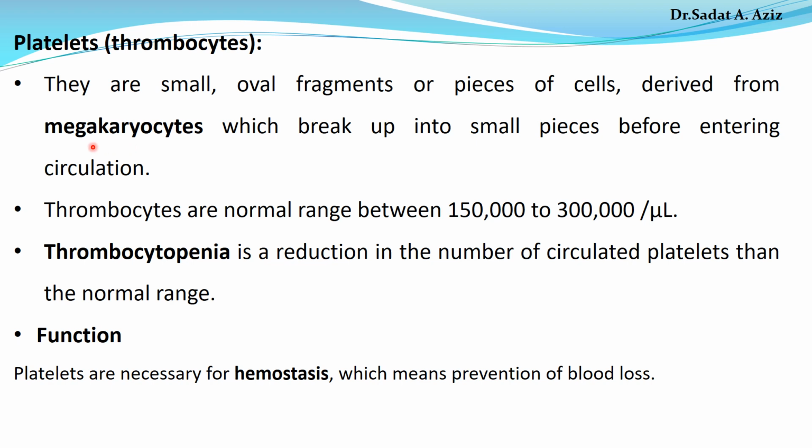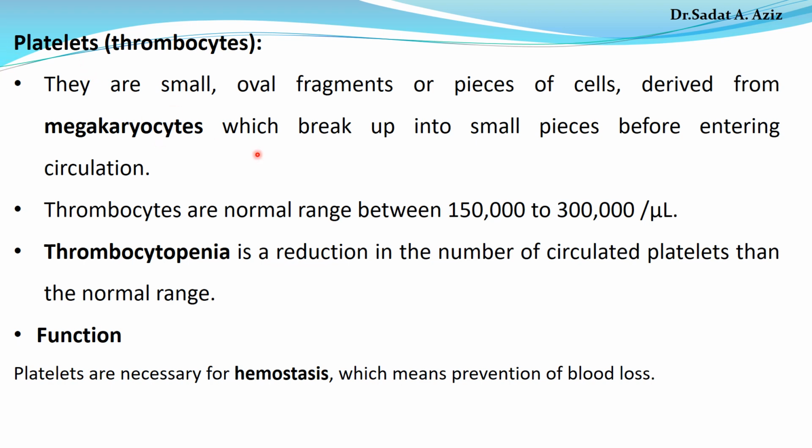Megakaryocytes normally break up, or undergo the process of defragmentation, to form small pieces before entering the circulatory system. Megakaryocytes, because of their size, cannot penetrate or pass through the capillary beds within the bone marrow, so they are fragmented into the circulatory system as platelets.